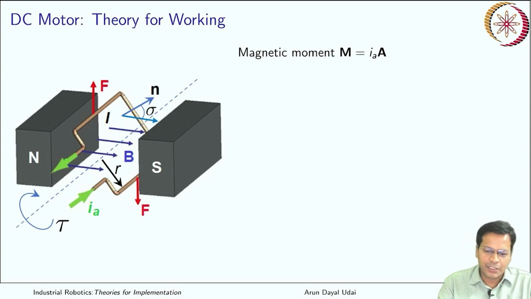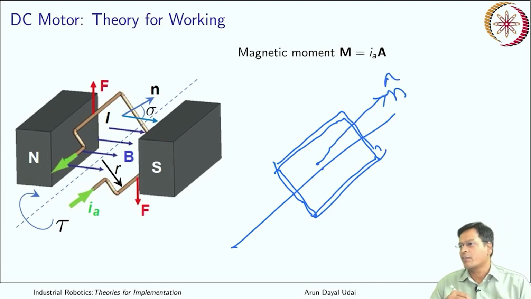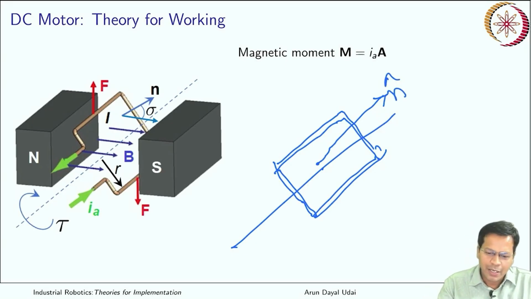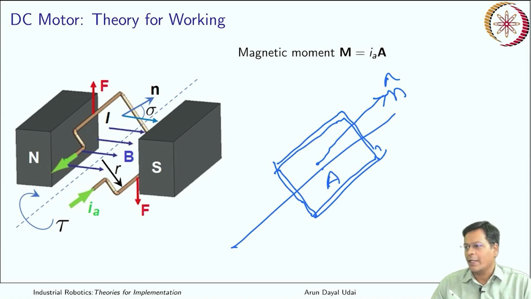If you see an area which is inclined like this, this is your axis. Perpendicular to the plane of this area you have a normal that comes out of it. That is your area vector, the vector which is perpendicular. So the area vector is the magnitude of this area into the vector which is here.